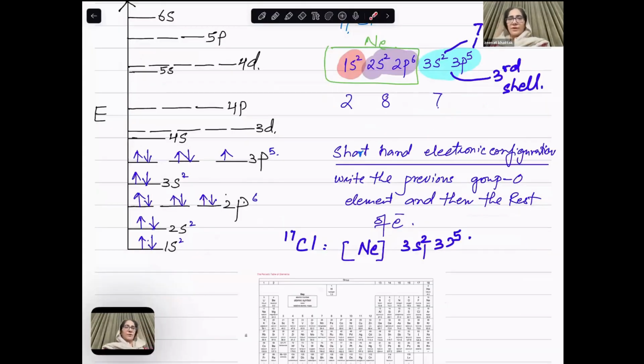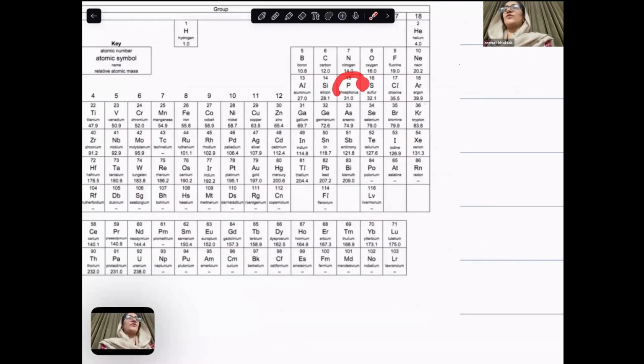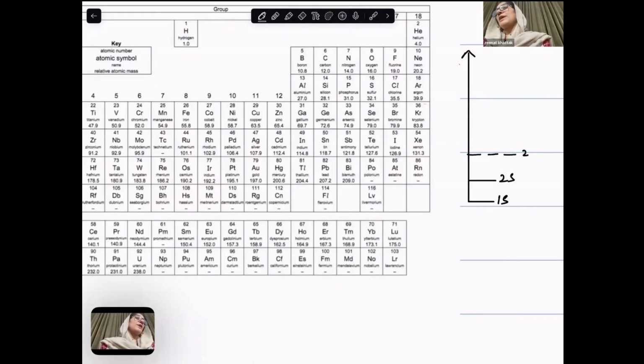Yes, we were doing exactly this thing. So, we did the configuration. I will start with phosphorus, for example. There are how many electrons in phosphorus? First is 1s, then 2s, then 2p, then 3s, and after 3s, 3p.